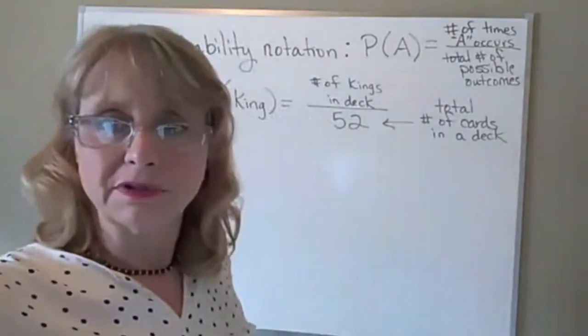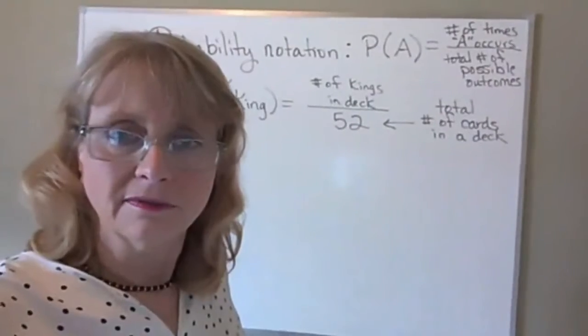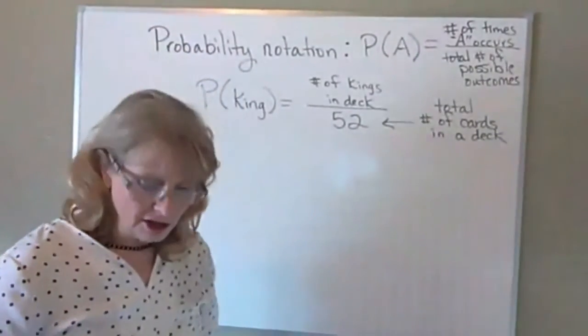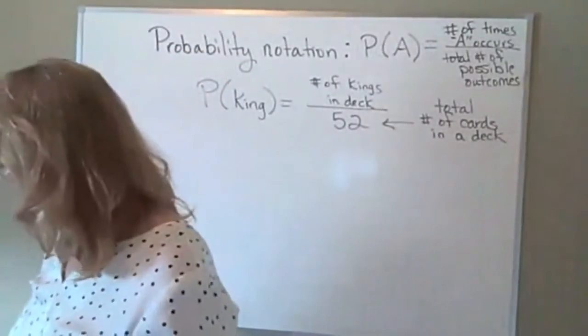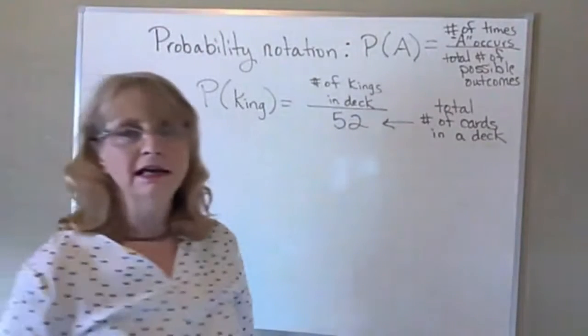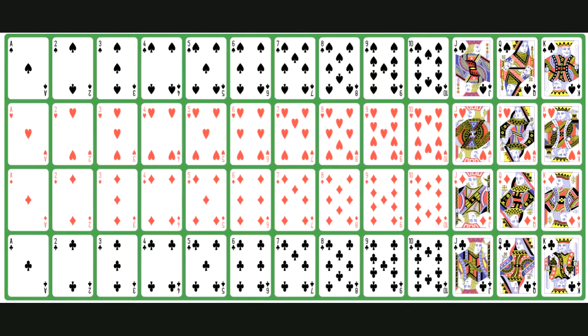So going back to that sample space, the deck of cards, to get our top number, we're going to look at this deck of cards and count how many times king occurs. You'll see that the kings are all at the end. They're the ones with the K on them. And you can see that there's 4 kings, 1 in each suit.